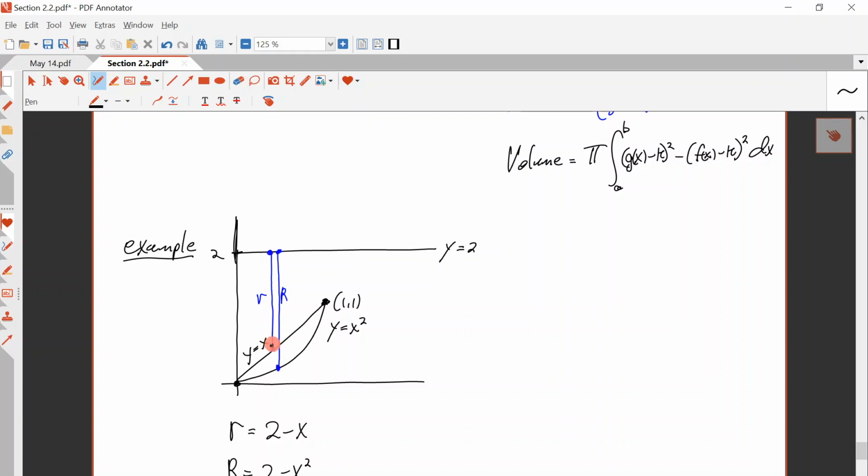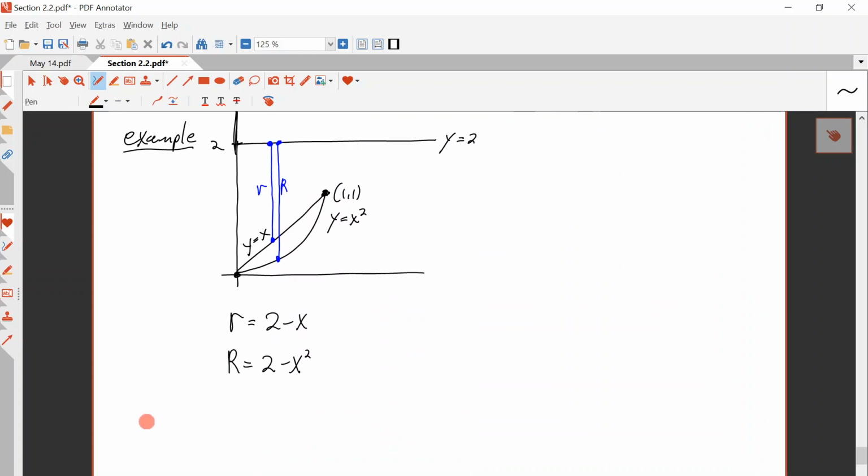Little radius is the shorter distance, and big radius is the bigger distance. So the volume is equal to the integral from 0 to 1 of pi times the big radius squared minus the little radius squared dx.